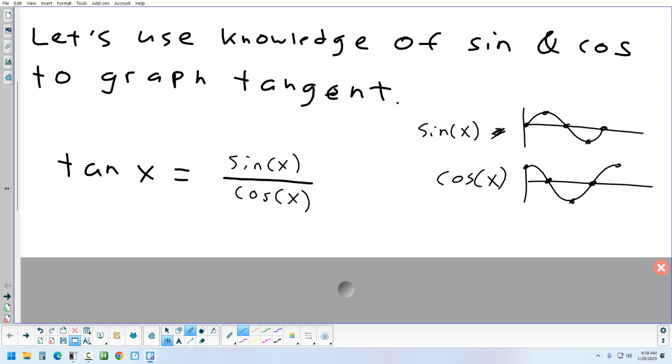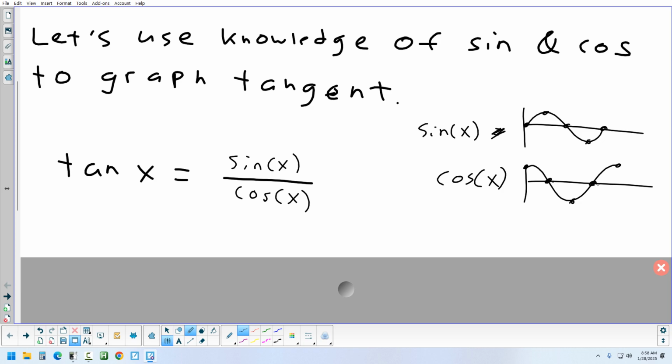Does the graph of cosine ever cross the x-axis? Where does it cross? What's the x value for where cosine crosses the x-axis? Pi over 2 and 3 pi over 2.